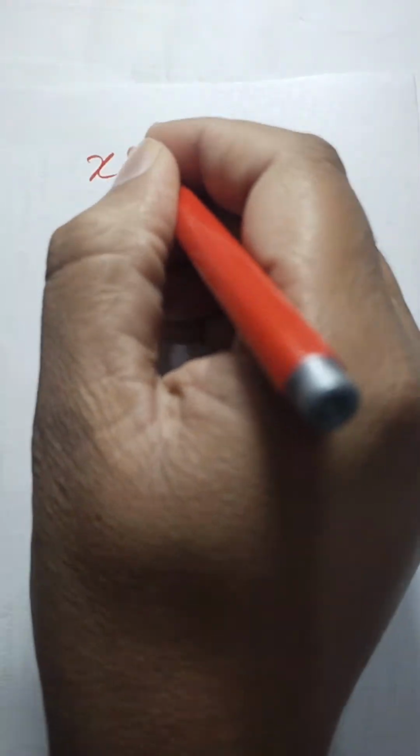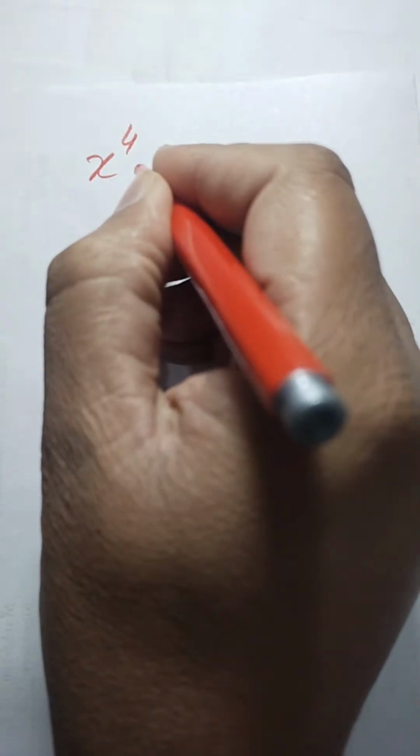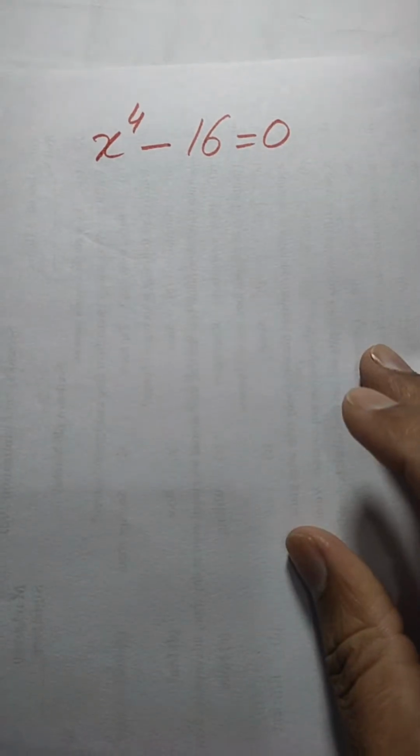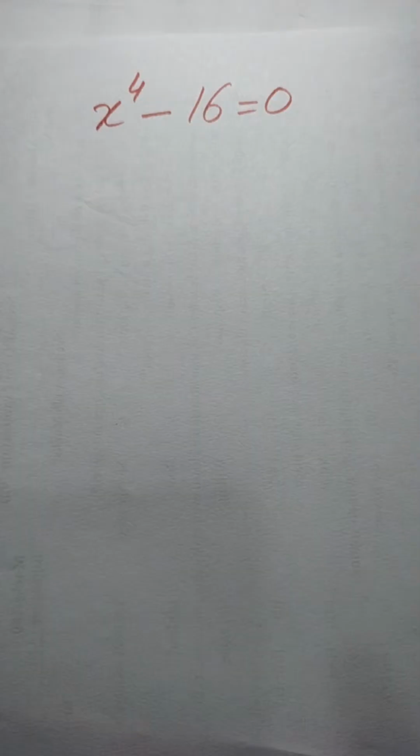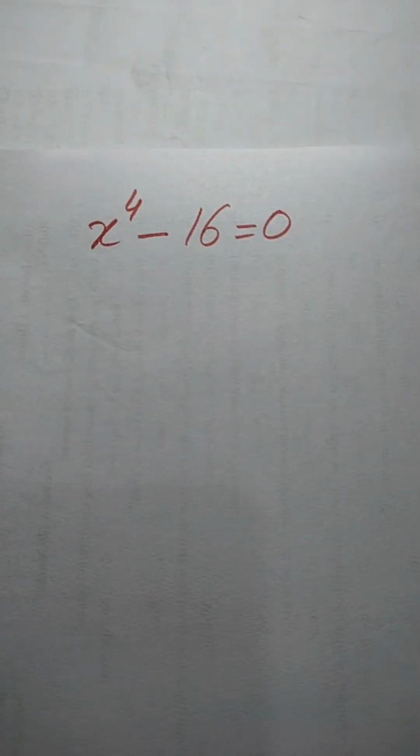If we have the question statement in this form, x to the power of 4 minus 16 equals 0, then how can you get the value of x from here?